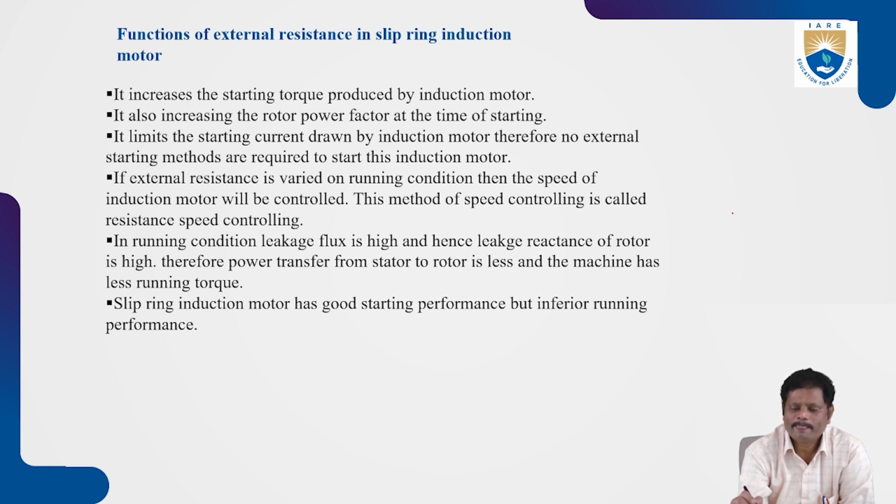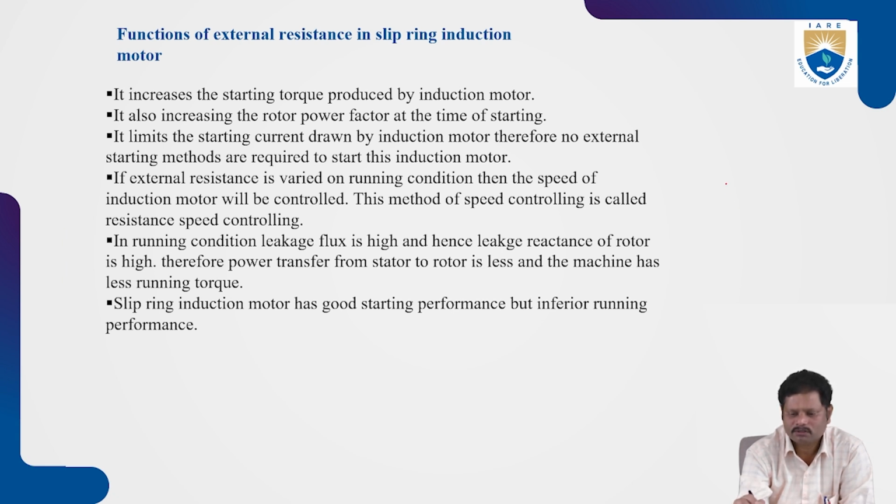At the time of starting, the starting currents are very high. Because of high starting currents, the stator windings may get heated and may get burnt. So we need to reduce the high starting torque and high starting current.